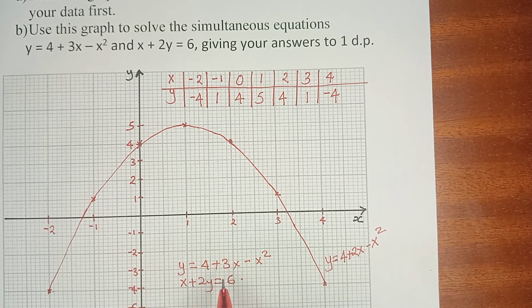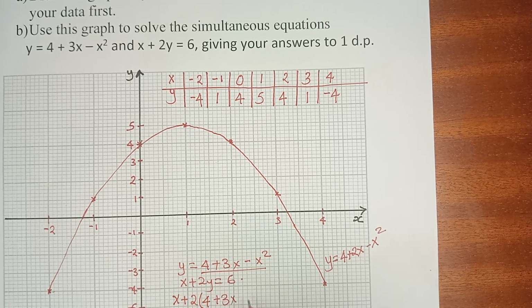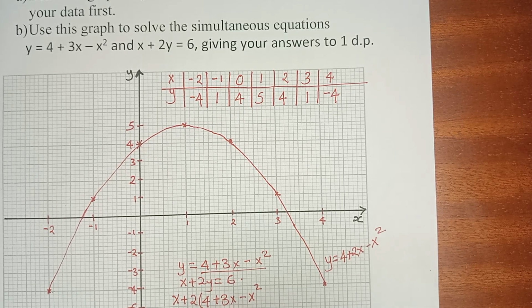So x plus 2, the whole of y, which is 4 plus 3x minus x squared, equals 6. We have substituted y here because y is already very clear.